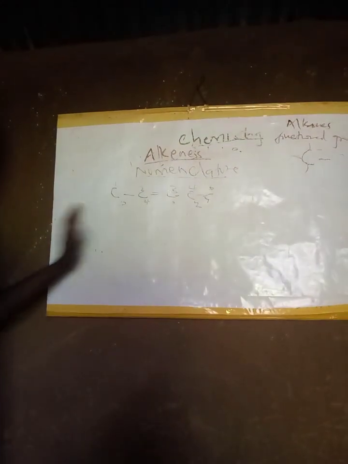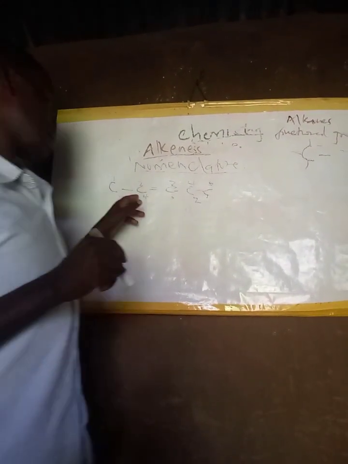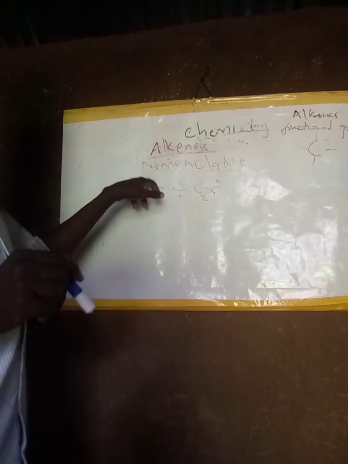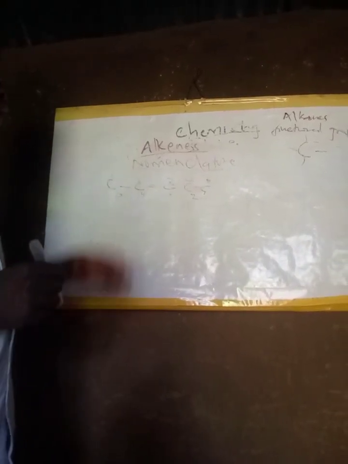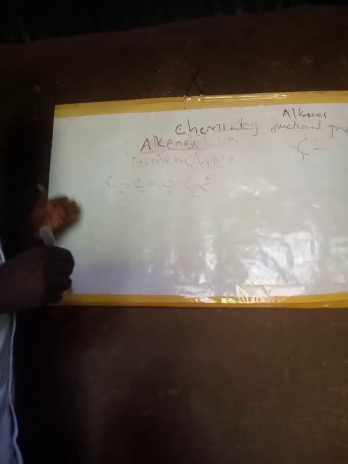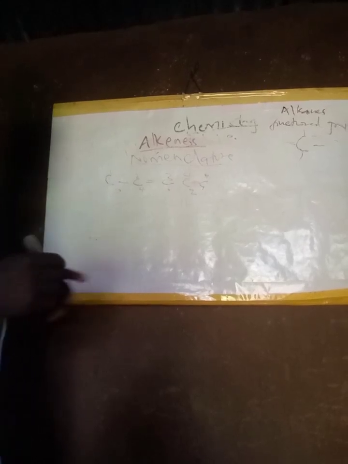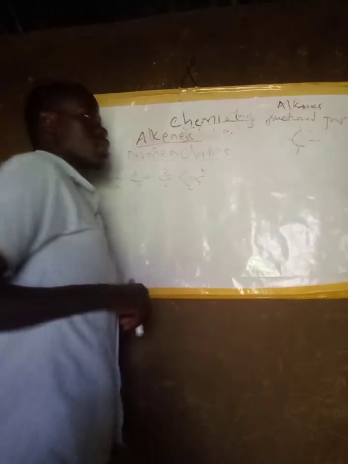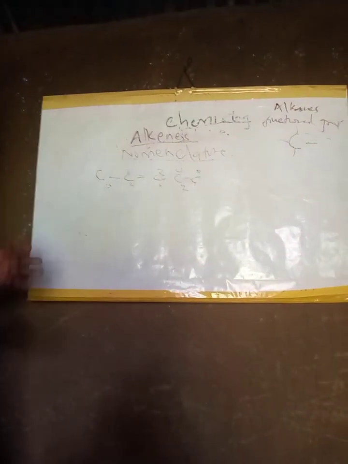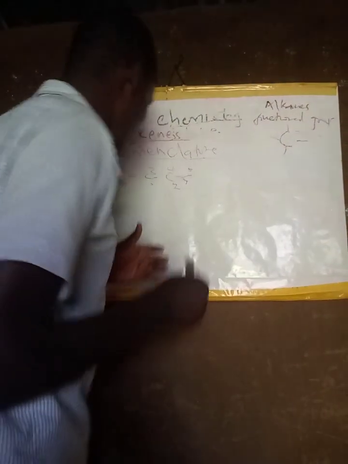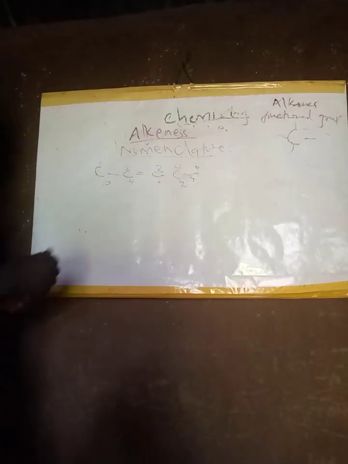But when we start from the left hand side, the double bond is on carbon number 2, and therefore rule number 2 states that you give the double bond the lowest number possible.